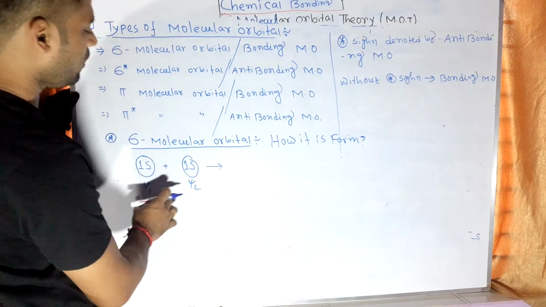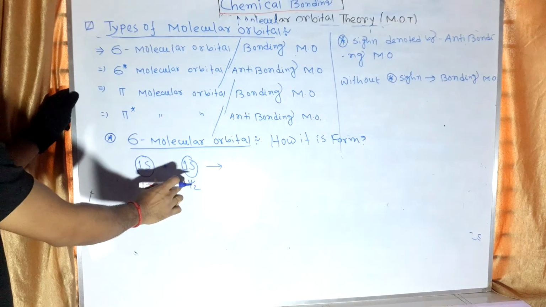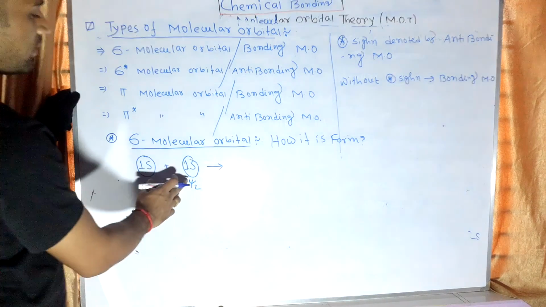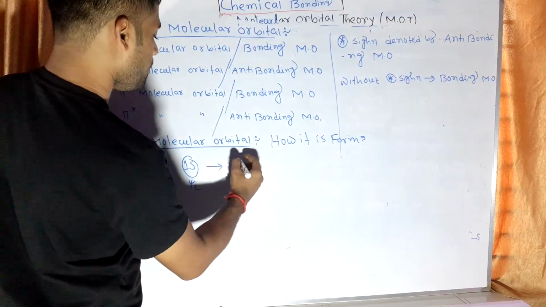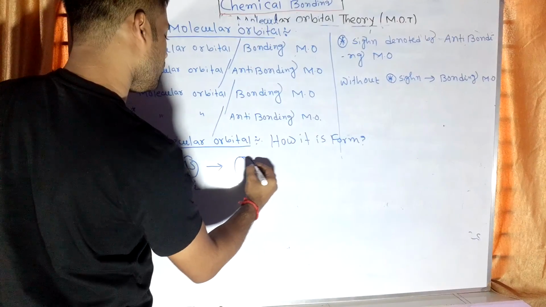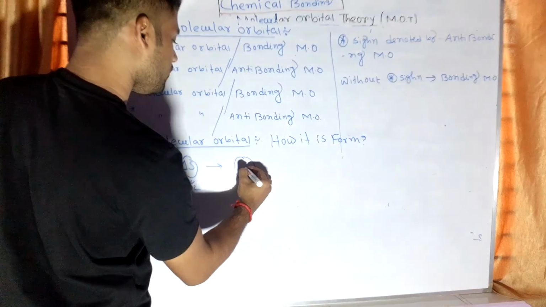How many molecular orbitals? If a certain number of atomic orbitals take part in the reaction, then the same number of molecular orbitals also form. So 1s and 1s give the formation of a sigma bond.